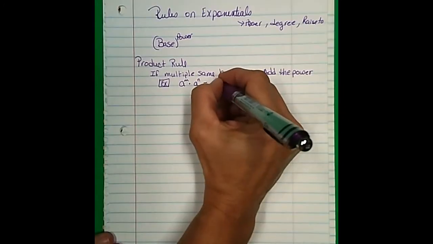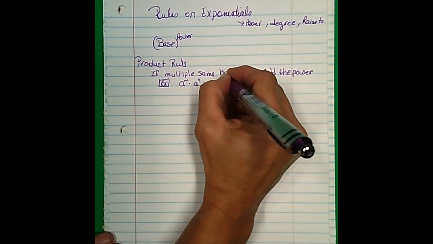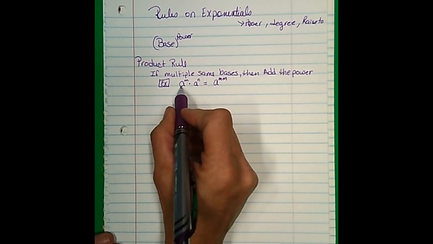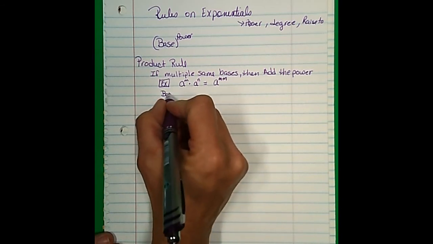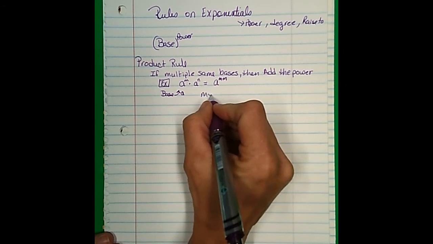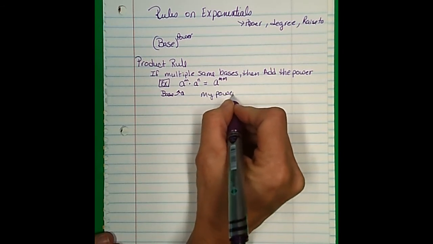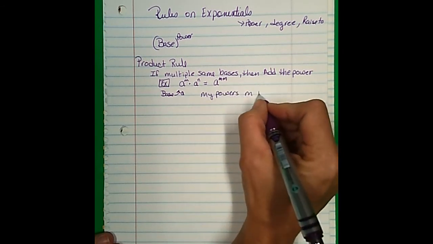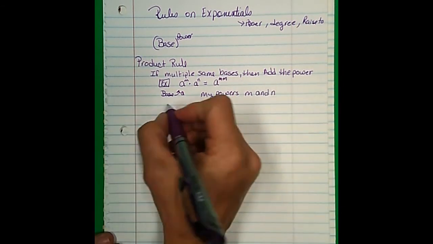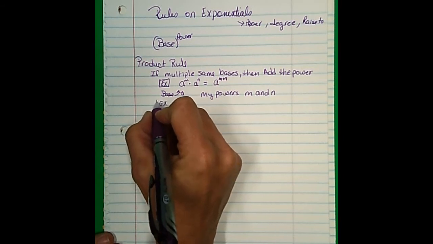So I have a raised to m plus n. My powers are m and n. My base is a. Base here is a. My powers here are m and n. So let's use an example that you can see the outcome.